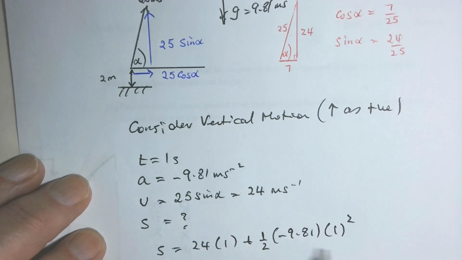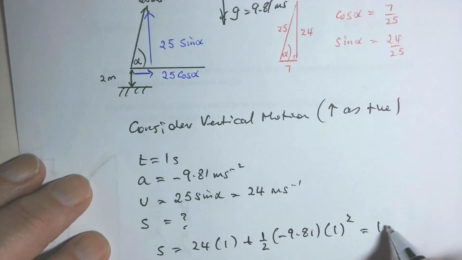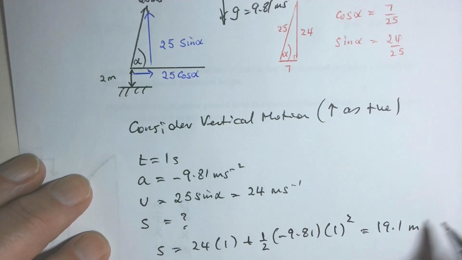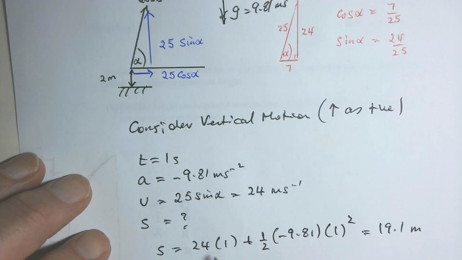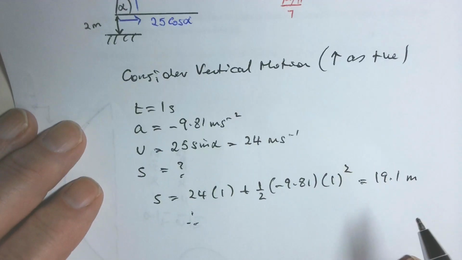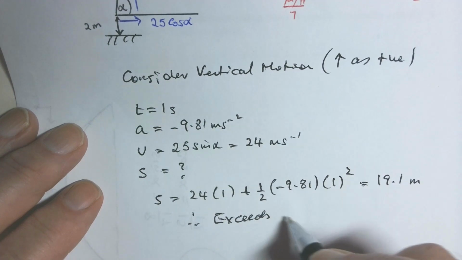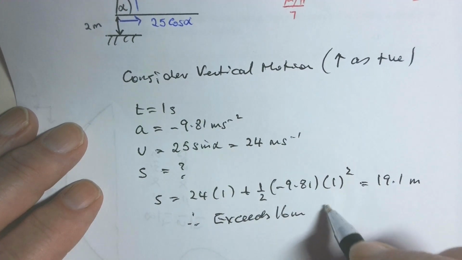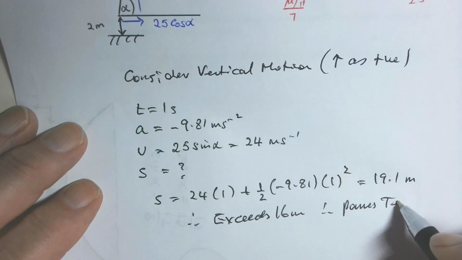When you substitute all of that in, you end up with 19.1 meters, which exceeds the distance of 16, and therefore it passes test 1.